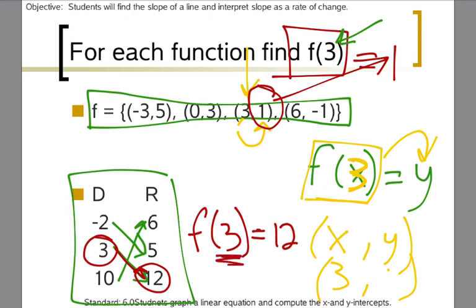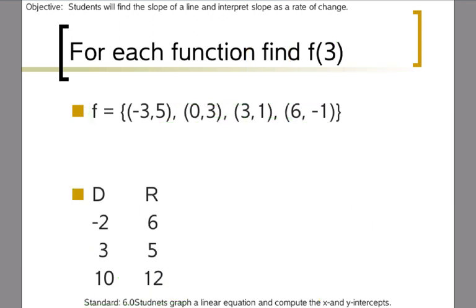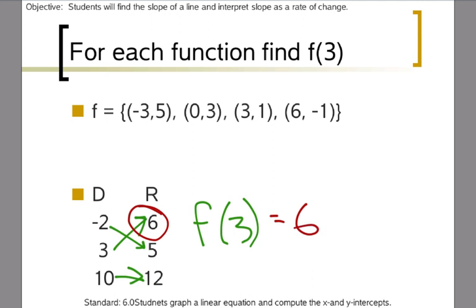If I was to change the problem a little bit, if I change the arrows like this, well, now the answer for f of 3, if I follow the arrow, is 6. So it's whatever the arrow from the number you're looking for, x, goes to.